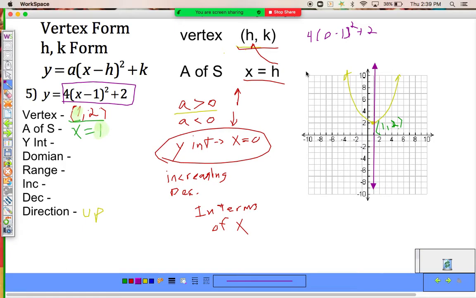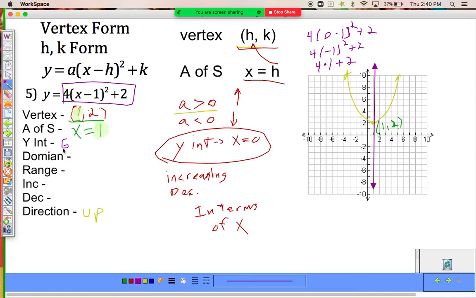We got 2 answers. One's right, one's not. Remember, negative 1 squared is a positive 1. Then we're going to say my y-intercept is 6. 0 minus 1 is negative 1.